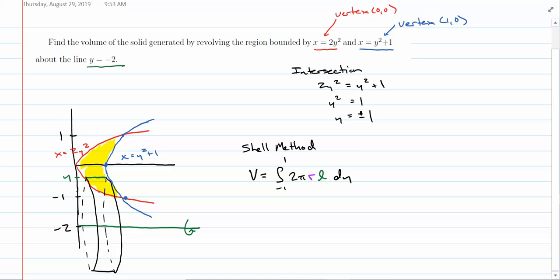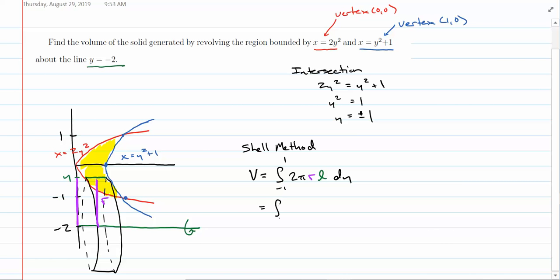The radius of the shell is the distance from that strip to the axis of revolution, which we could measure on the y-axis. That's going to be the vertical distance between our y and y equals negative 2. So it's going to be y minus negative 2, in other words, y plus 2.